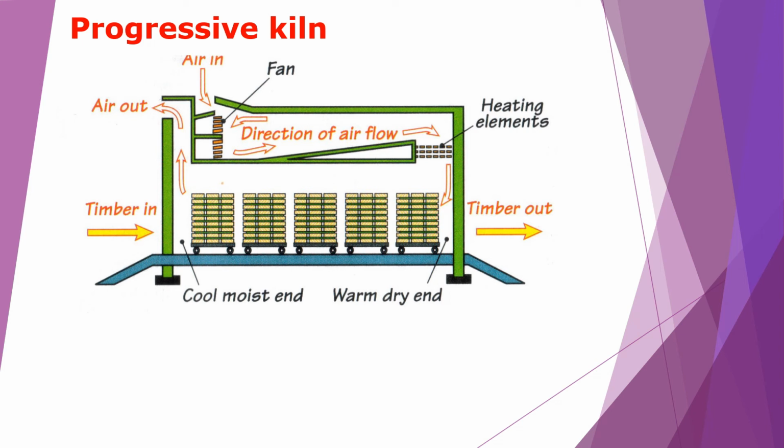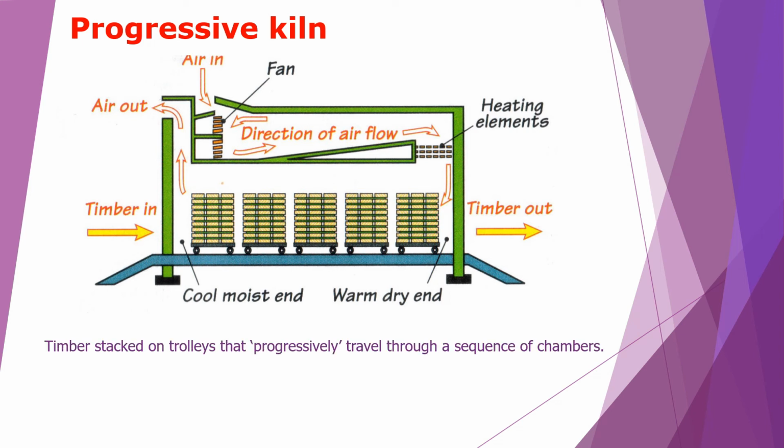Progressive kilns are industrial kilns that are used for seasoning wood in a very large amount or quantity. Timber is staked on trolleys that are progressively moved through the different chambers of the kiln. That's why it's called progressive kiln, because the trolleys where the timber has been staked are moved within the kiln in a progressive way.